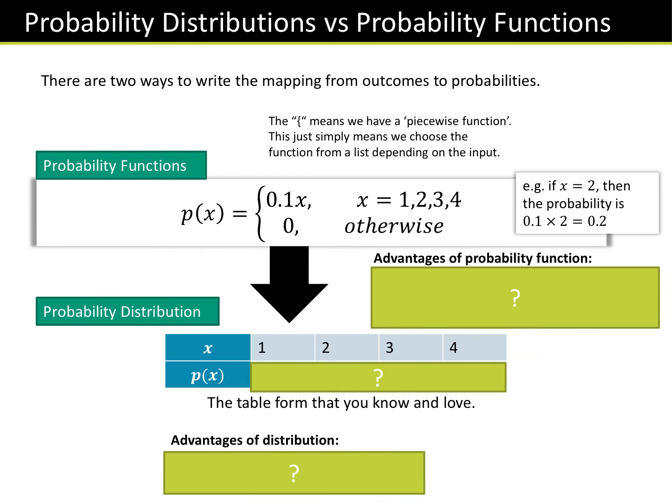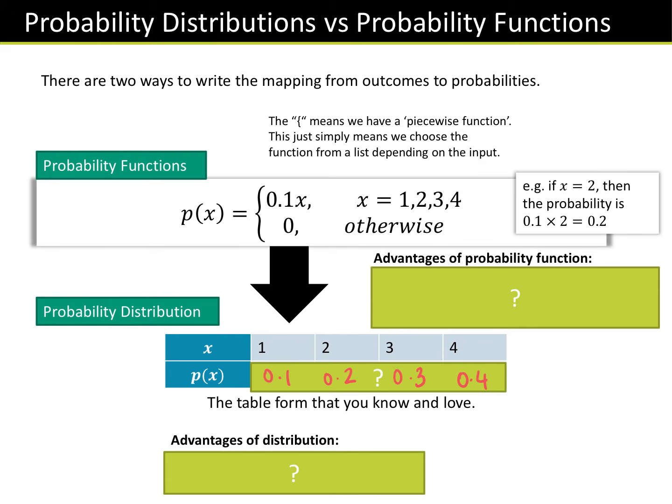When x equals 1, P(x) is 0.1 times 1, which is 0.1. When x equals 2, it is 0.1 times 2, which is 0.2. When x equals 3, 3 times 0.1 is 0.3. When x equals 4, 4 times 0.1 is 0.4.